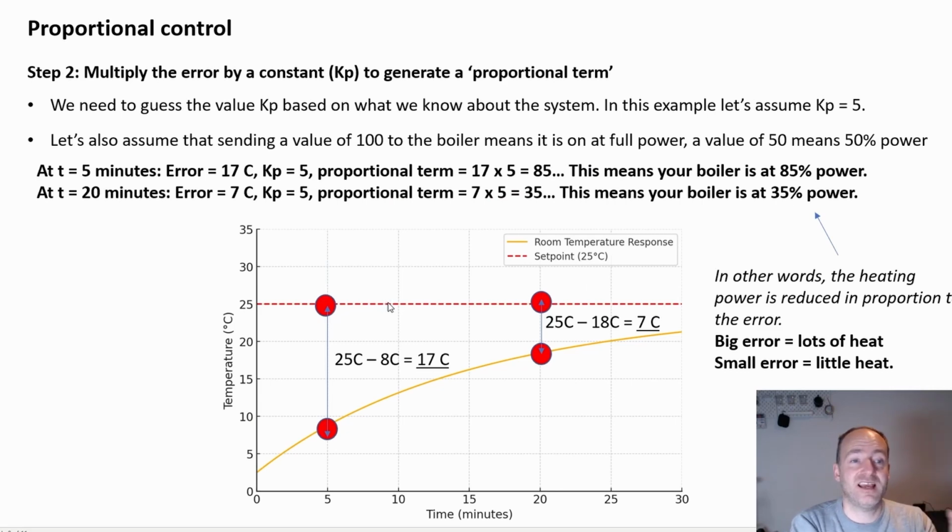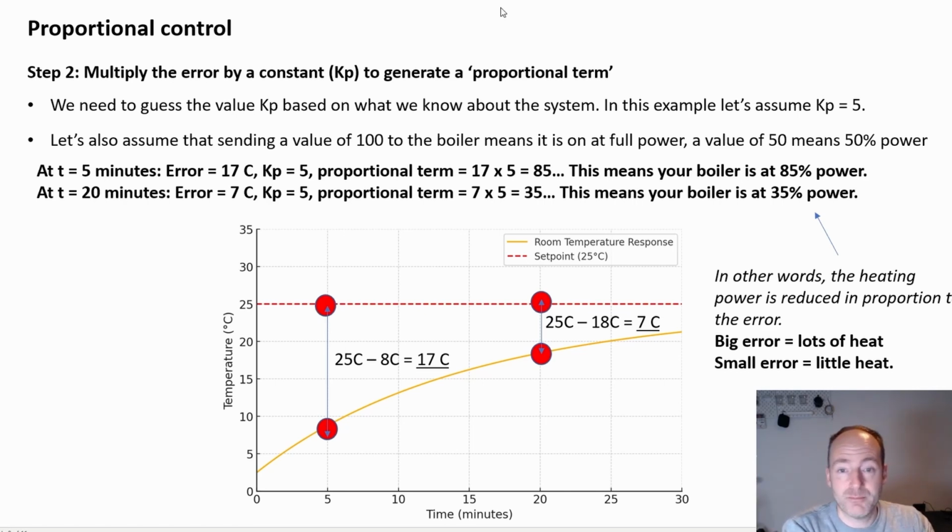The next step is to calculate this proportional term. The proportional term is basically what we're going to provide to our MOSFET to tell it how long to turn on. Do we want to provide a value of 100 to make it stay on 100% of the time, so really apply a lot of heating power, or do we want to provide a term of 0 to keep it switched off because we've actually exceeded our set point?